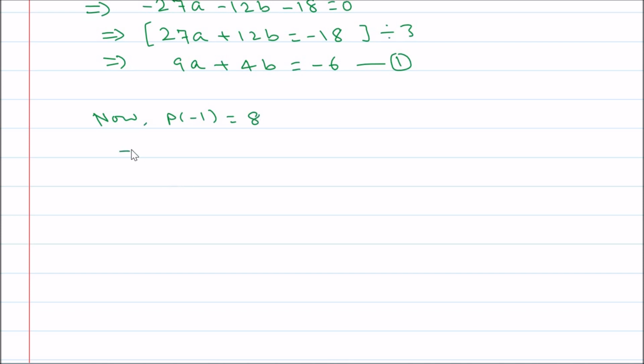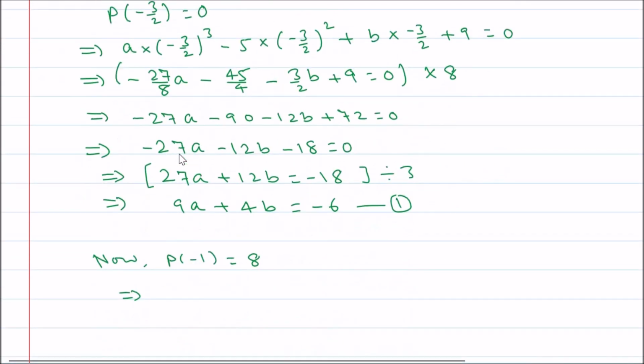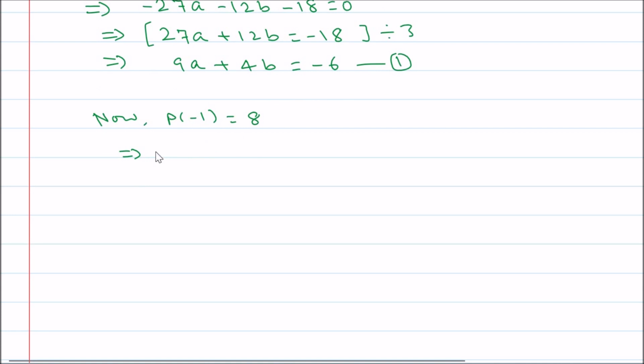So if you are substituting x value minus 1, we will get minus a minus 5 minus b plus 9 is equal to 8.